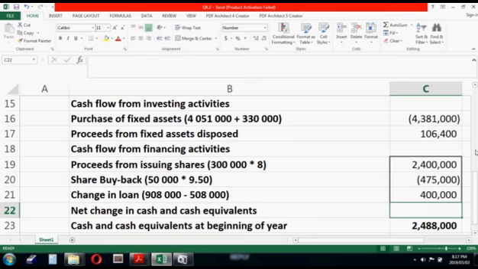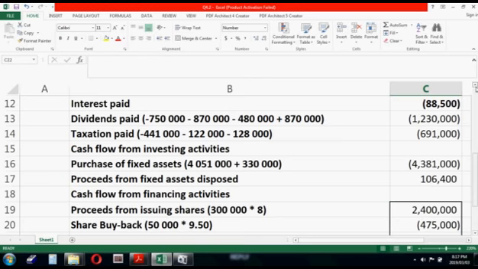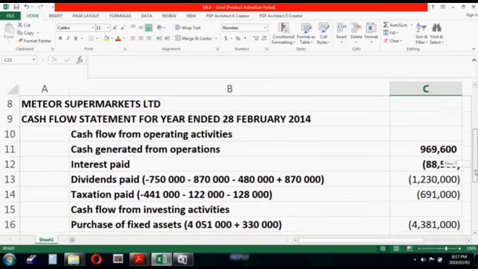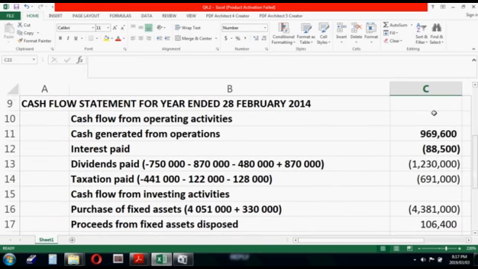So now we're at the point where we can actually get the totals for all of the sections of our cash flow statement. So we can find cash flow from operating activities.